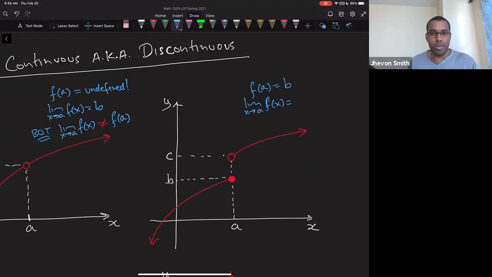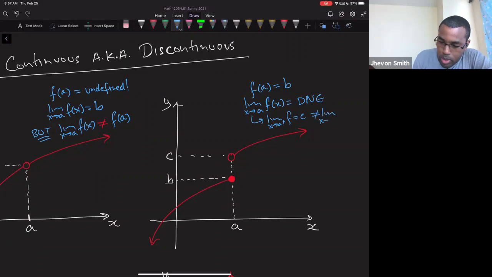I'm actually waiting on someone to answer. It doesn't exist. How do you know? Because if you look at it as a one-sided limit, they don't equal each other. Right, because the limit as x approaches A from the right side of f of x is going to be C, and that's not the same as the limit as x approaches A from the left side of f of x, which is B.